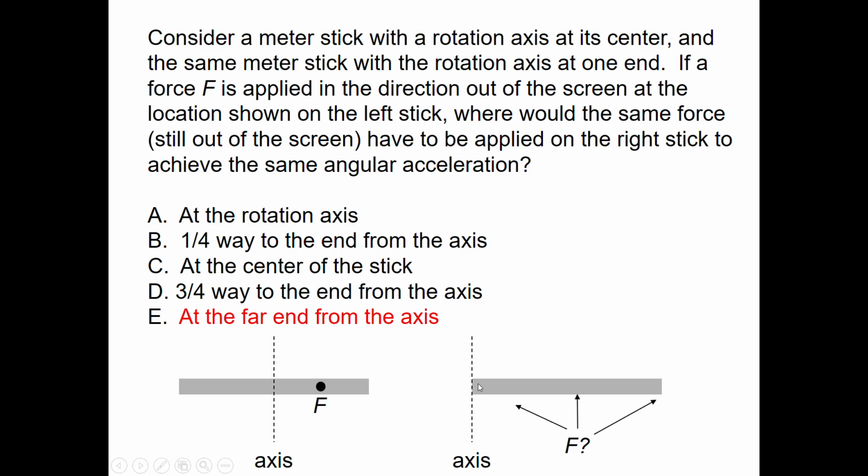And if I want to make the net torque get 4 times bigger, here the force had a moment arm of 1/4 meter. I better make that moment arm 4 times as big, and 4 times 1/4 meter is a full meter. So we'd have to push out of the page or out of the screen with the same force at this location right at the end if we want this one to angularly accelerate about this axis at the same rate that this one is angularly accelerating about that central axis.